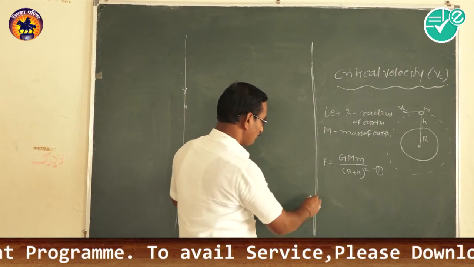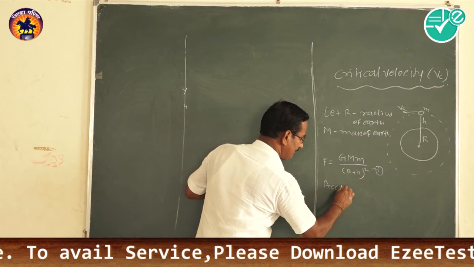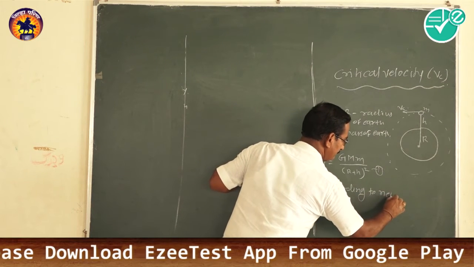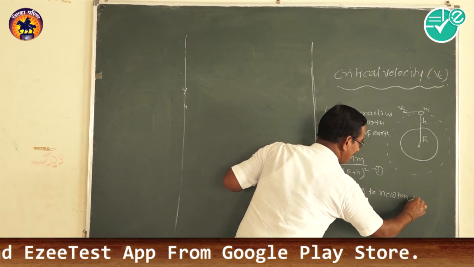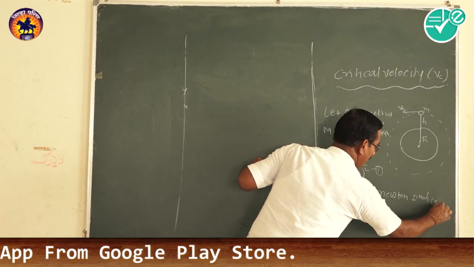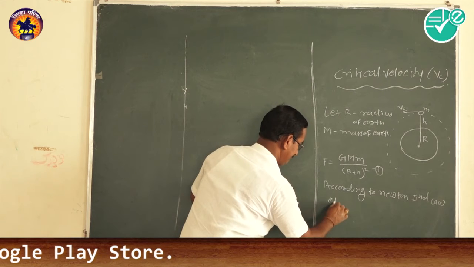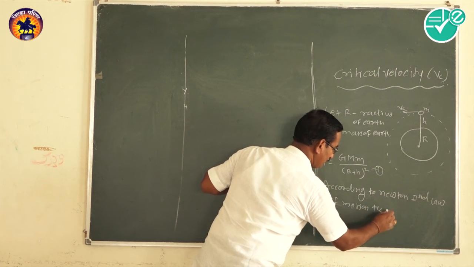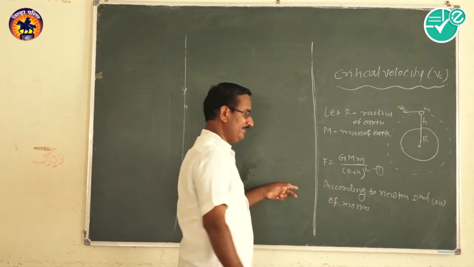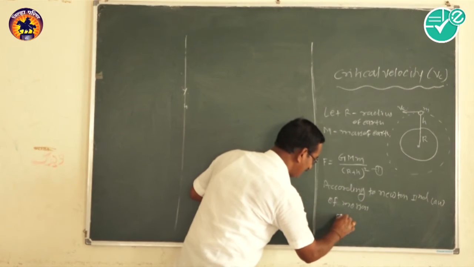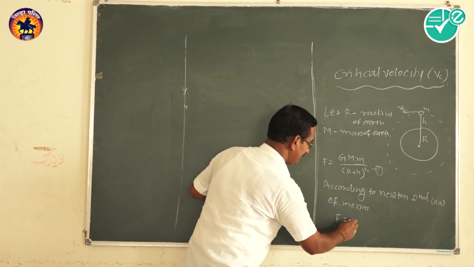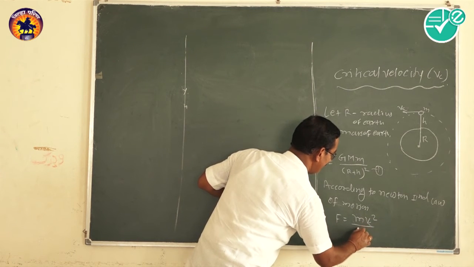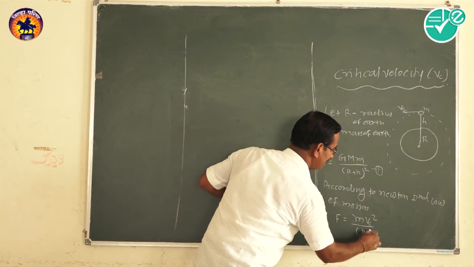But according to Newton's second law of motion, the force of attraction between them is F equals m Vc square by (R plus h). That is equation 2.